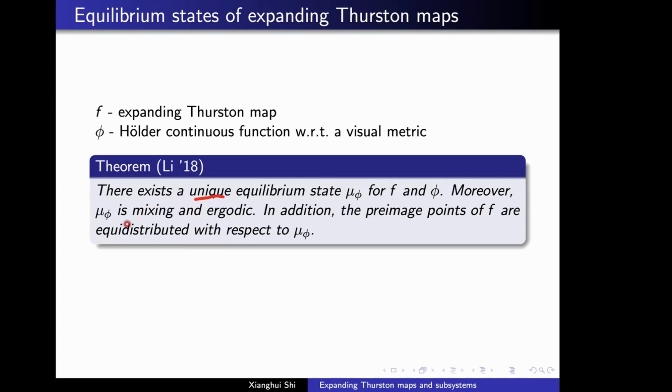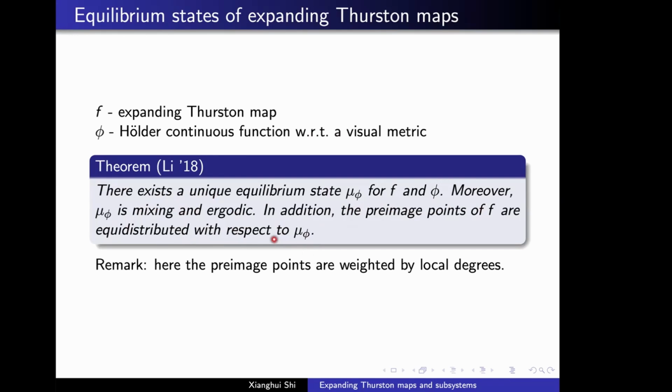Moreover, mu phi is mixing and ergodic. In particular, the preimage points of f are equidistributed with respect to this unique equilibrium state. And I want to remark that here the preimage points are weighted by local degrees.